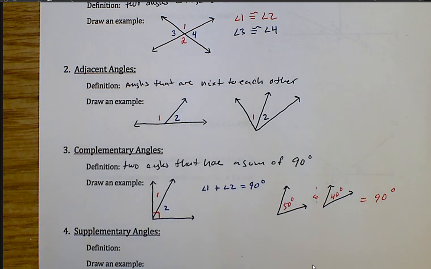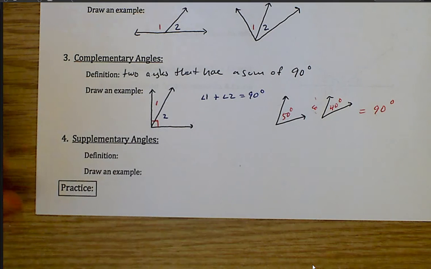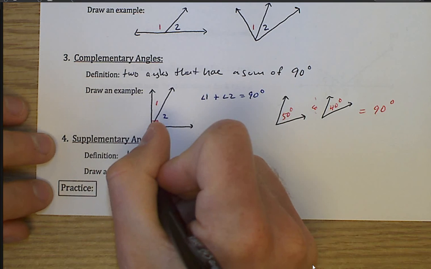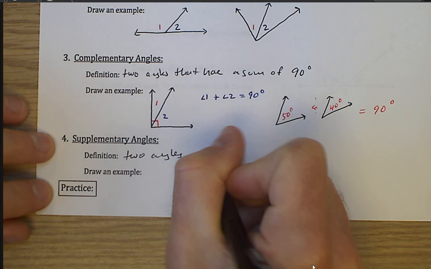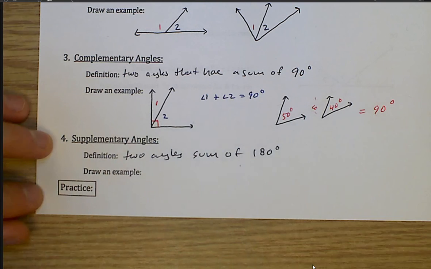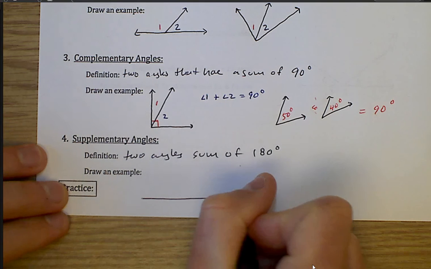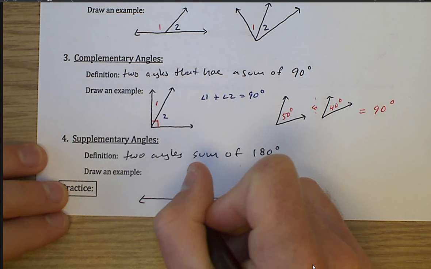Now, more commonly, you're going to see this in your homeworks and as we go, but those make 90 degrees, okay? The last one, supplementary, is kind of the same definition, except now it's two angles that have a sum of 180 degrees, okay? The most common picture you're going to see for this is one you've already seen on these notes.